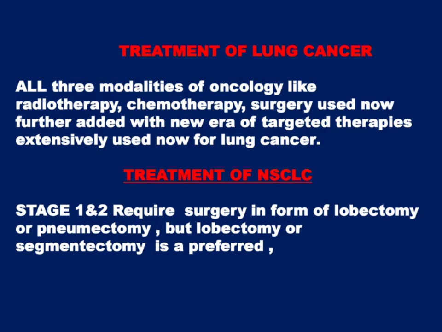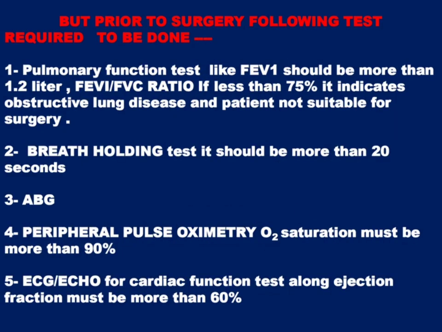More preferably, a core needle biopsy is very important, because you need to assess the receptor status, as multiple targeted therapies are evolving nowadays. So if you have a biopsy report, you can go for a detailed examination of the receptor status, and accordingly plan the treatment, sequencing of chemotherapy along with targeted therapies.